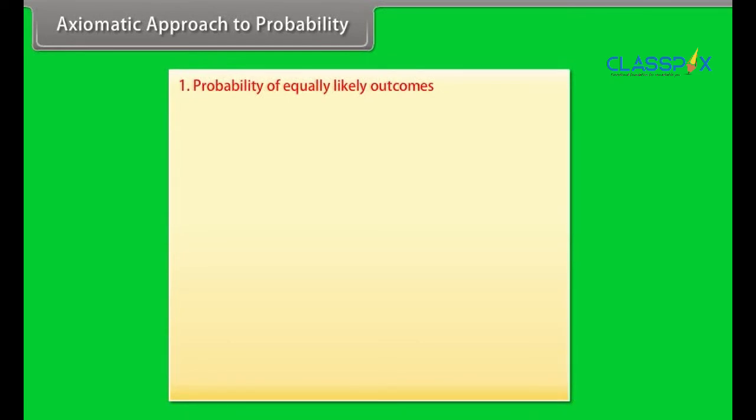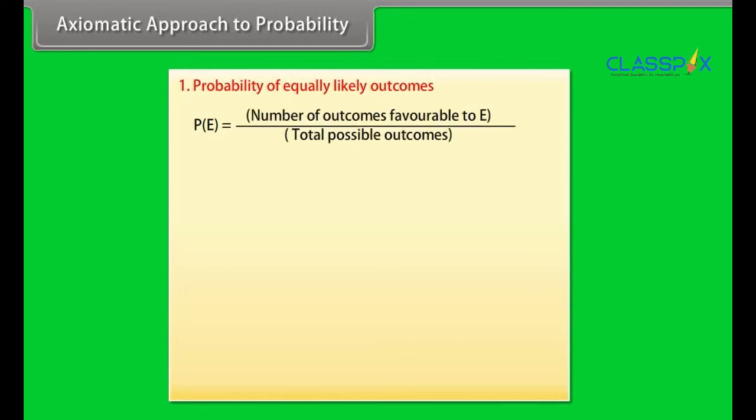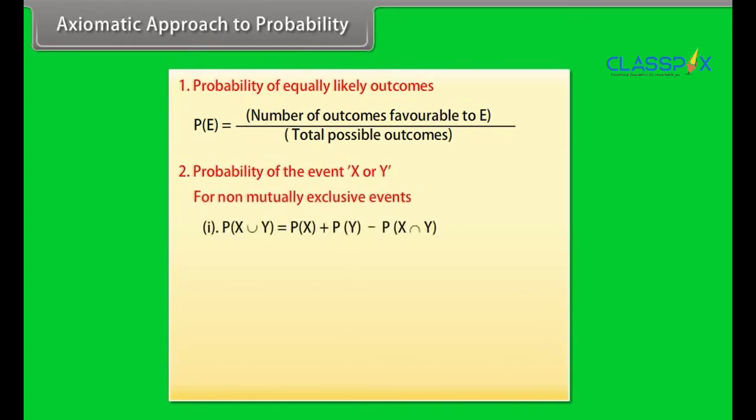Probability of equally likely outcomes. P(E) is equal to number of outcomes favorable to E by total possible outcomes. Probability of the event X or Y. For non-mutually exclusive events, P(X union Y) is equal to P(X) plus P(Y) minus P(X intersection Y).